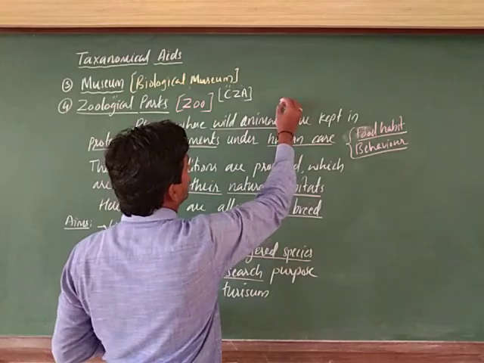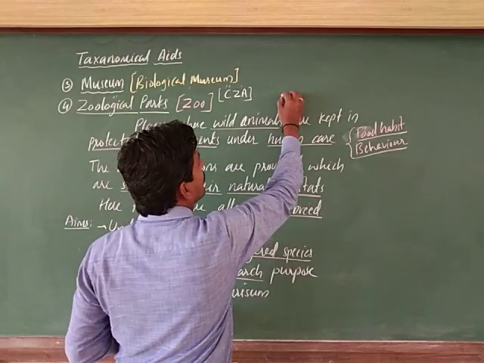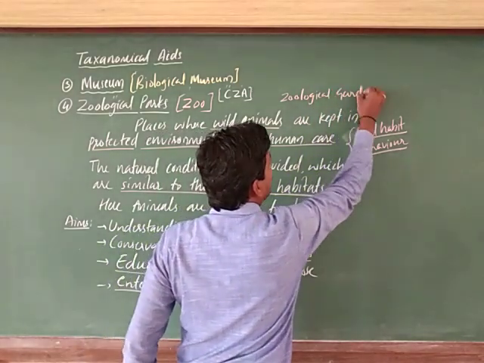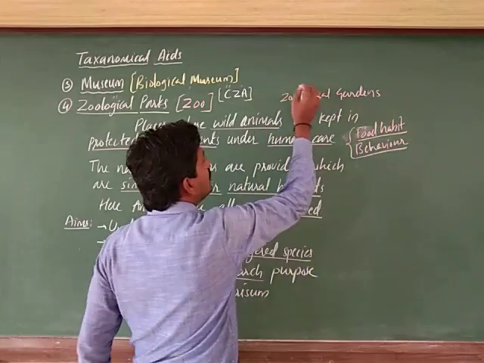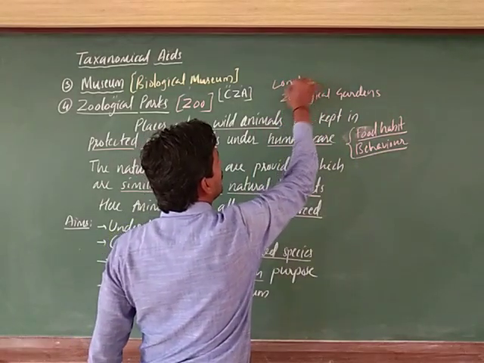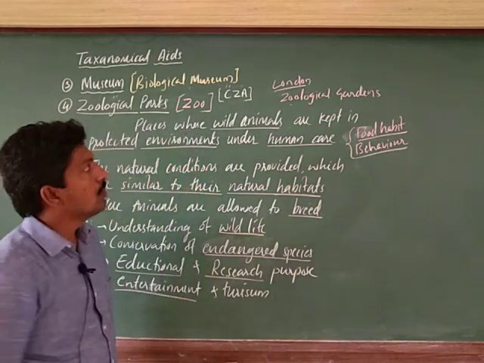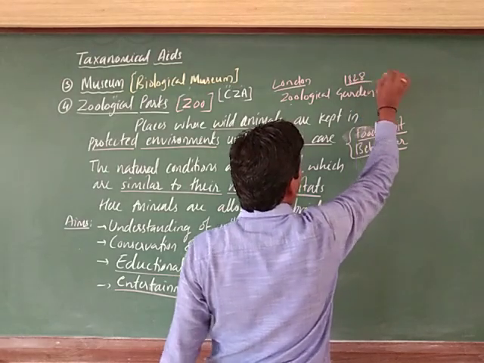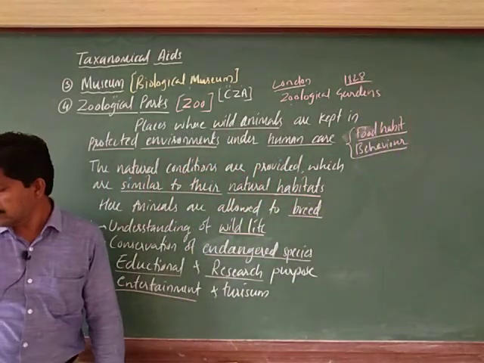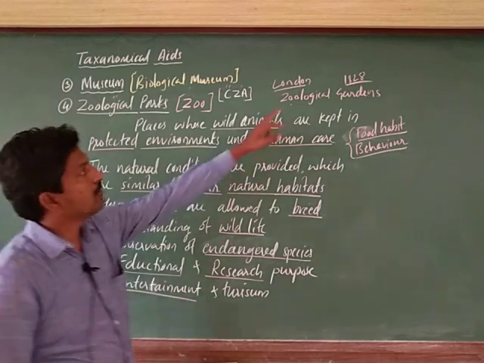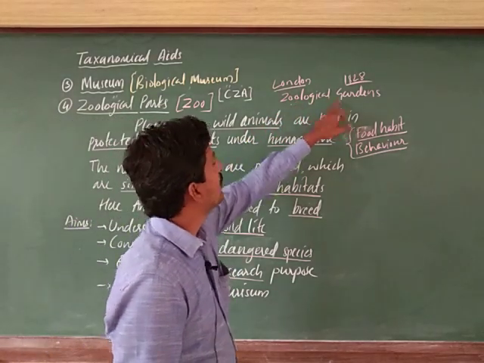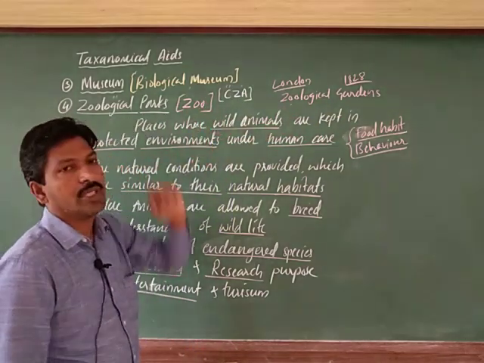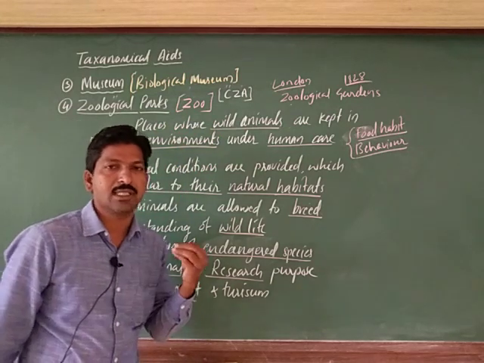Sometimes zoological parks are also called zoological gardens. So the London Zoological Garden was opened in 1828, the oldest one we can say. That's why the name is given for this London Zoological Garden, that is zoo, the abbreviation. Nowadays commonly we call it a zoo only.